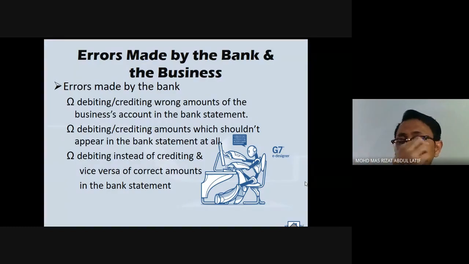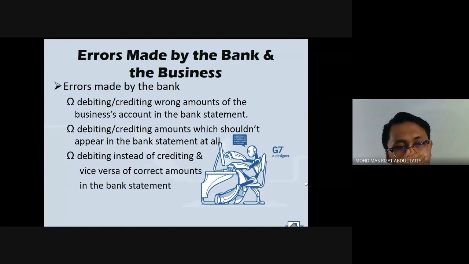So sentiasa tengok transaksi, takut keluar benda, dia charge benda yang bukan you punya. Bila bukan you punya, you boleh claim balik dengan bank tersebut. So that's why setiap kali bila you withdraw duit, receipt tu jangan hilang. Kalau you tak nak simpan receipt banyak-banyak, then you capture lah gambar screen tu. Keep track your cash outflow and cash inflow. Duit masuk, duit keluar, you kena keep track.